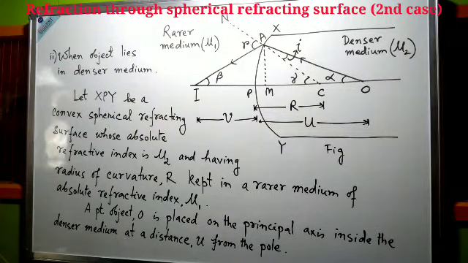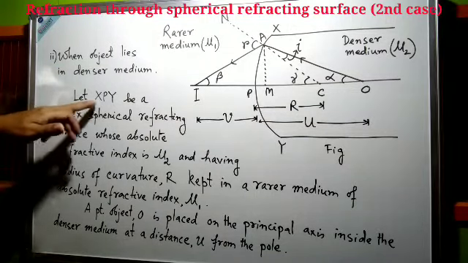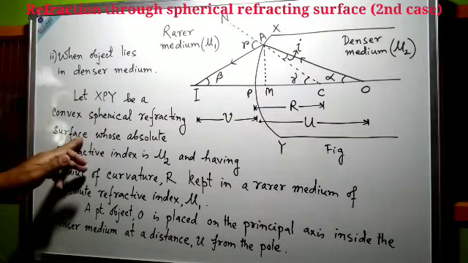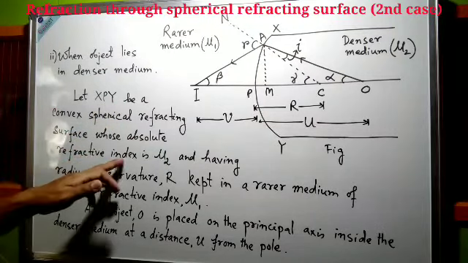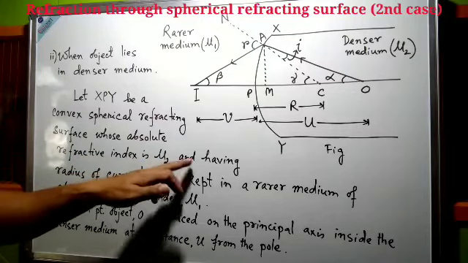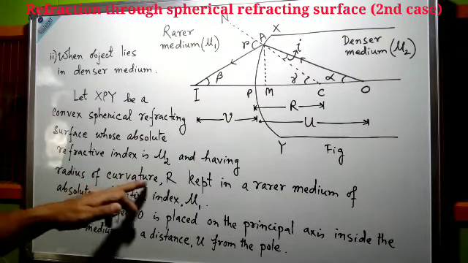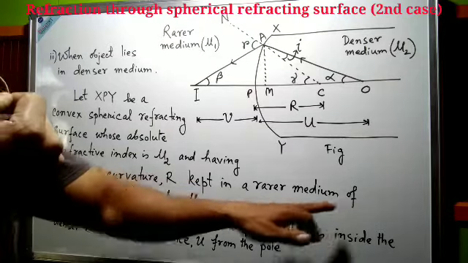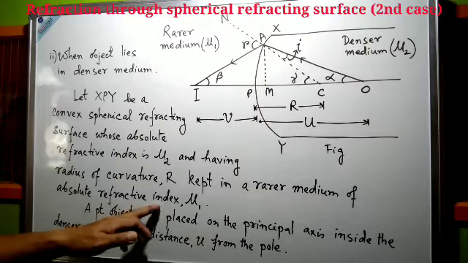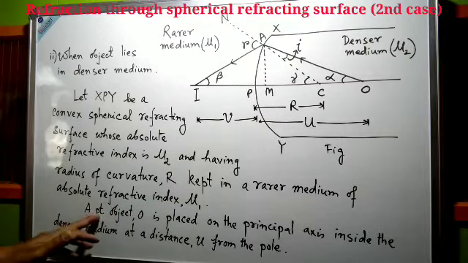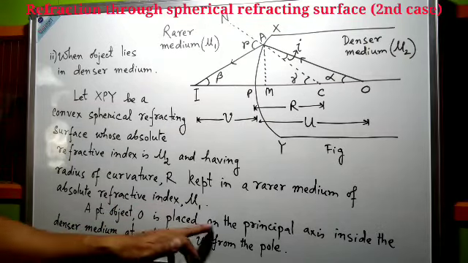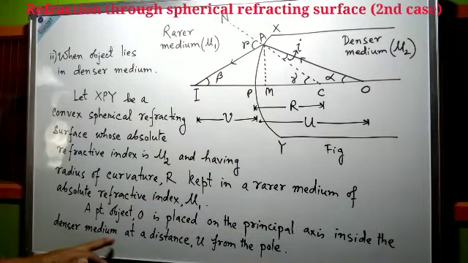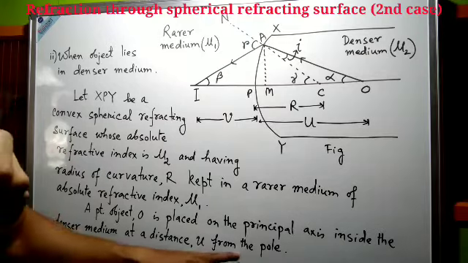So we may write like this: let XPY be a convex spherical refracting surface whose absolute refractive index is mu2 and having radius of curvature R, kept in a rarer medium of absolute refractive index mu1. A point object O is placed on the principal axis inside the denser medium at a distance u from the pole.